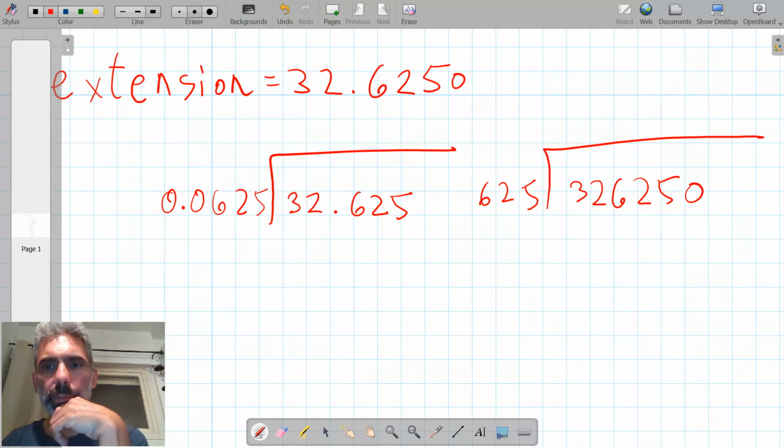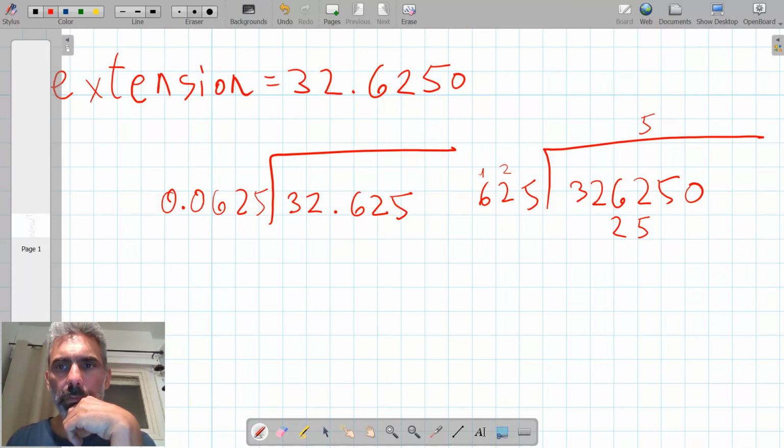How many times? 5 times. 5 times 5 is 25. 5 times 2 is 10, plus 2 is 12. 5 times 6 is 30, plus 1 is 31.